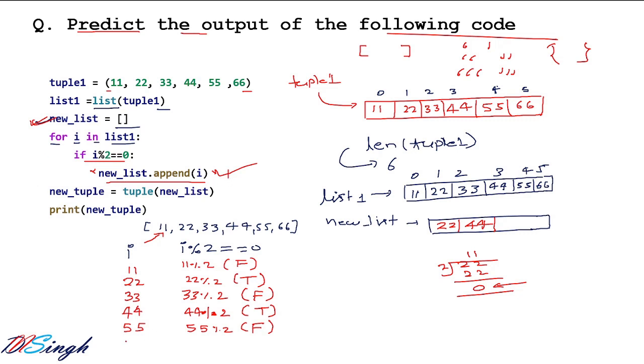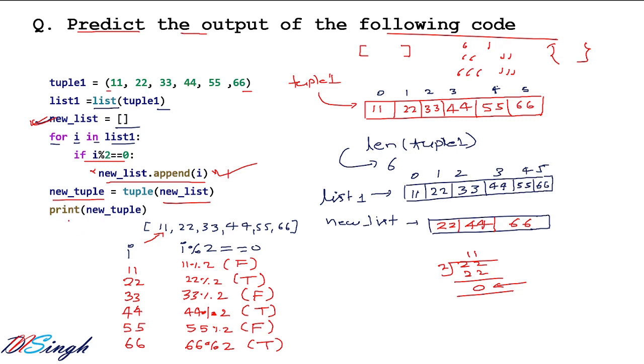Again it will go for the for loop, and the next i value will be 66. If you divide 66 by 2, what will happen? The remainder will be 0, so the condition will become true, and then you see this append statement will be executed, and 66 will be added. And this new list is again converted into a tuple, which is stored inside the new tuple variable.